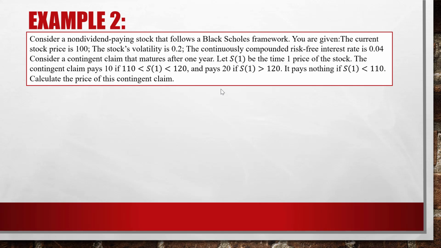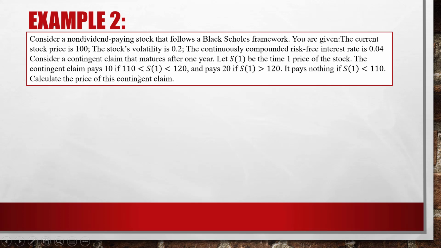So when we combine these two options, when the stock price is less than 110, the first option pays 0, and the second option pays nothing. So that means when the stock price is less than 110, we pay nothing.